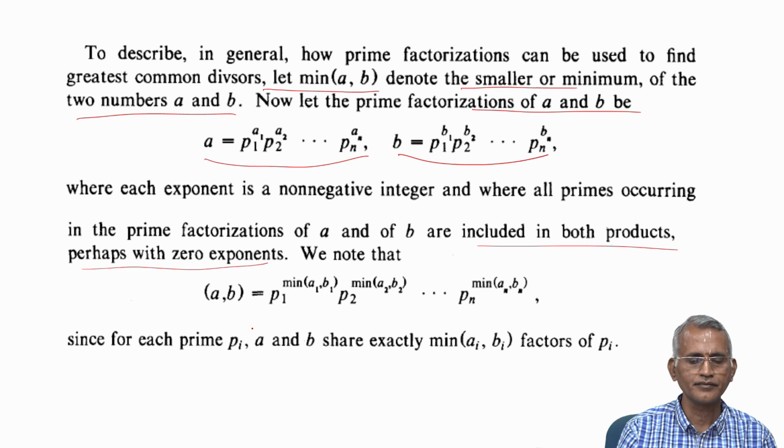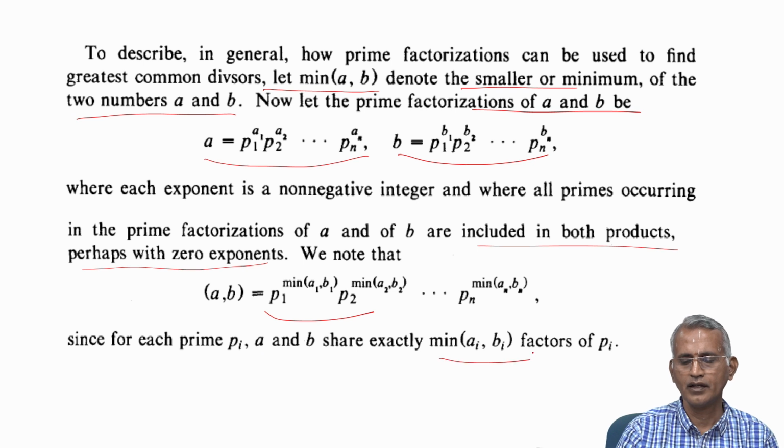We know that the GCD of A and B equals the product of these primes, since each prime Pi shared by A and B has exactly the minimum of ai and bi as its exponent.